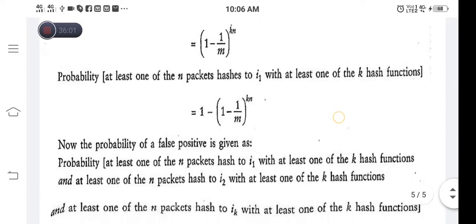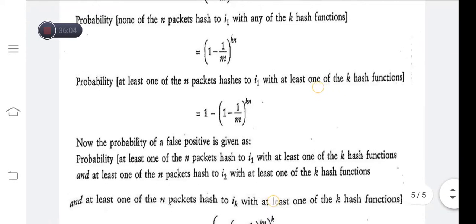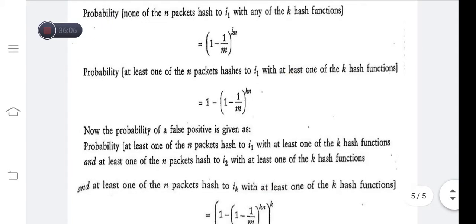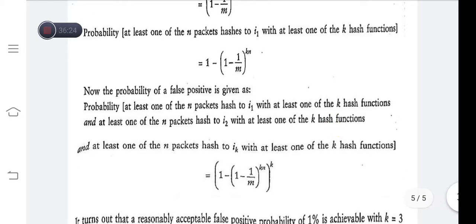So now the probability of a false positive is given as the probability that at least one of the n packets hashes to I1 with at least one of the k hash functions, and at least one of the n packets accesses I2 with at least one of the k hash functions. Okay, two indices. And at least one of the n packets hashes to Ik. Why are we finding I1, I2, I3, I4 etc. up to Ik?